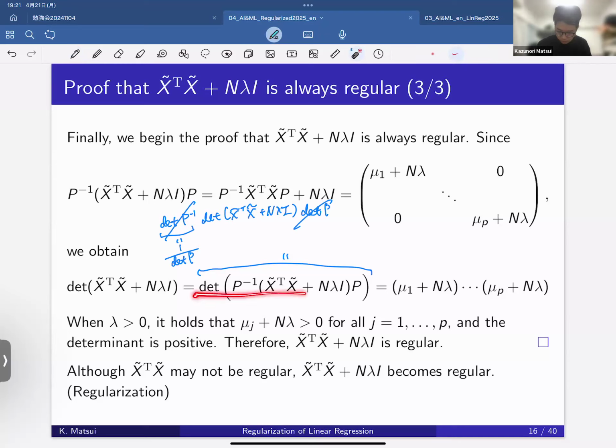So this equals this one. On the other hand, the corresponding determinant is (mu 1 plus n lambda) times and so on up to (mu p plus n lambda). So when lambda is positive, for all j, mu j plus n lambda is positive. So the determinant is positive. Therefore, x tilde transpose x tilde plus n lambda I is regular.